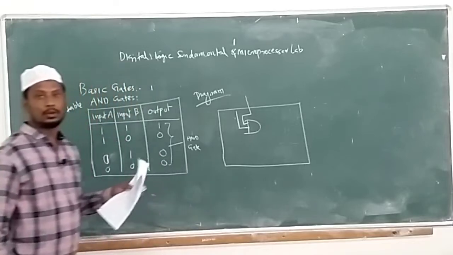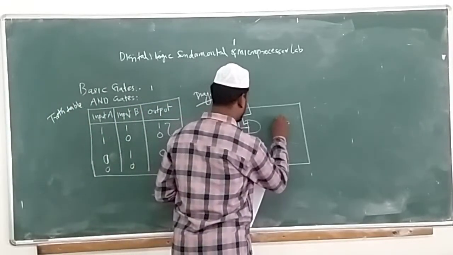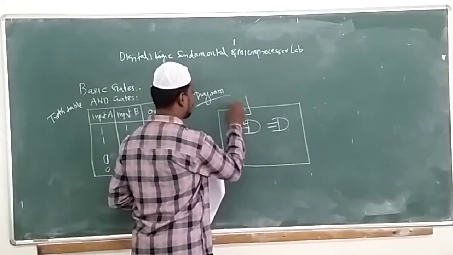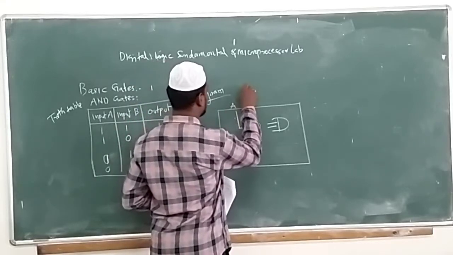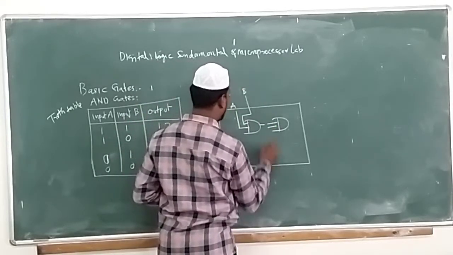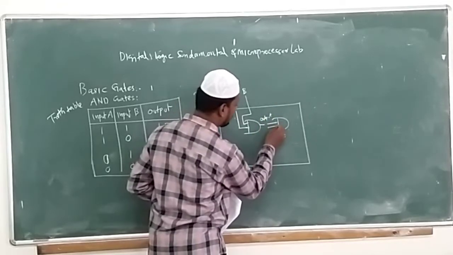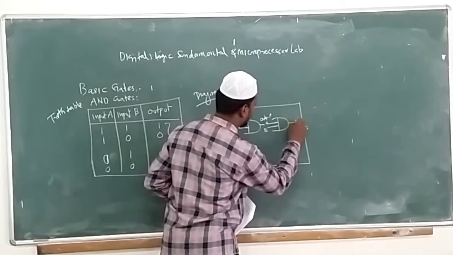For example, this is the A value, and this is the B value, and you can display the output. In the same way, for another example, with A and B, you can see the output.